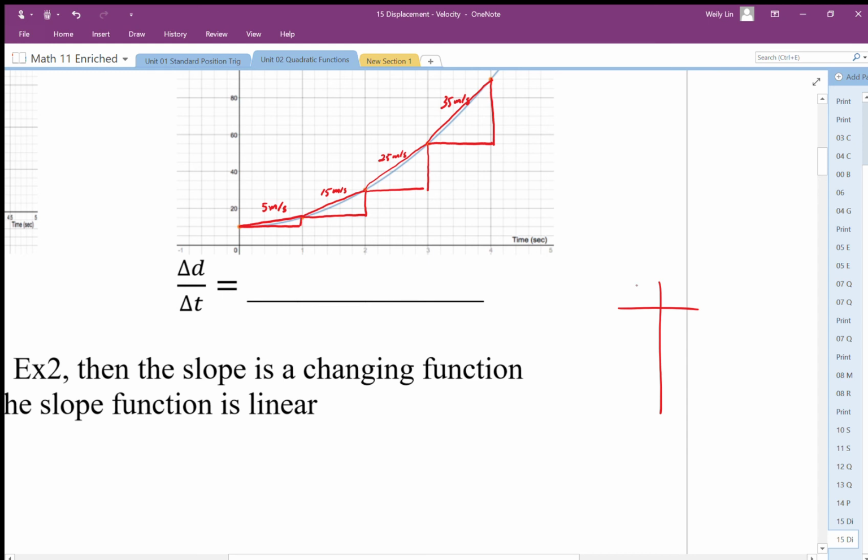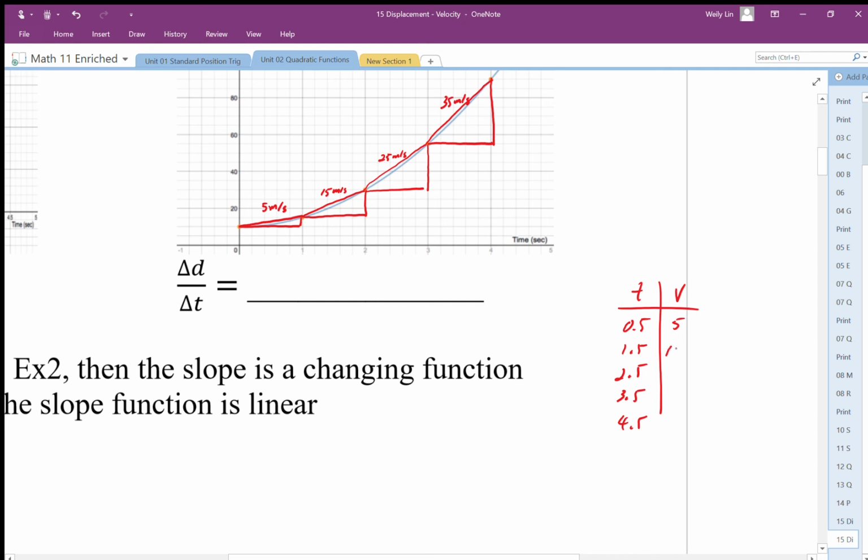So maybe we'll do a quick table here and see if we can come up with a function.